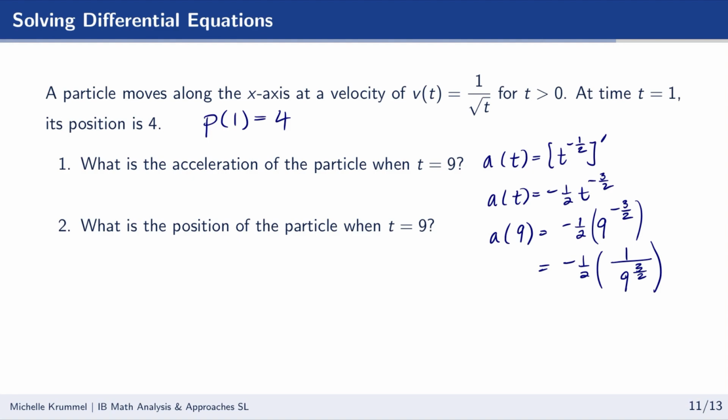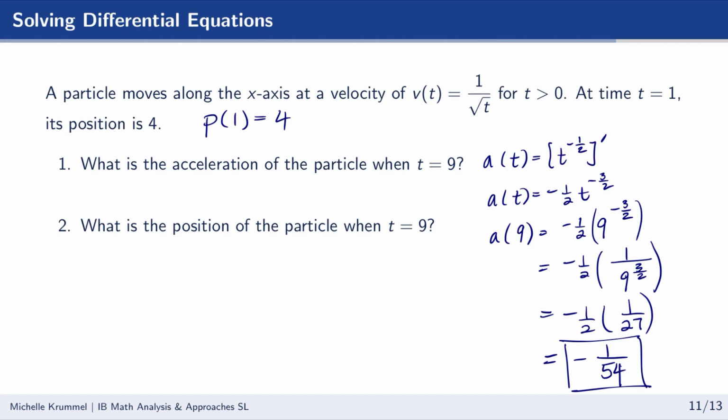I like to do the square root first before I cube it. So the square root of 9 is 3, and then 3 cubed is 27. So it's negative 1/2 times 1 over 27, which is negative 1 over 54. We do not have units in this problem, so we'll just give the answer as negative 1 over 54.